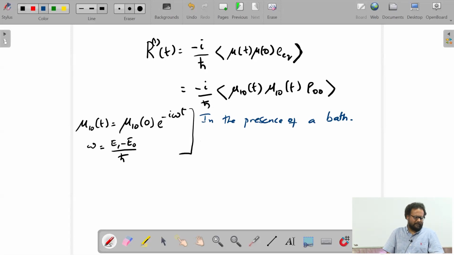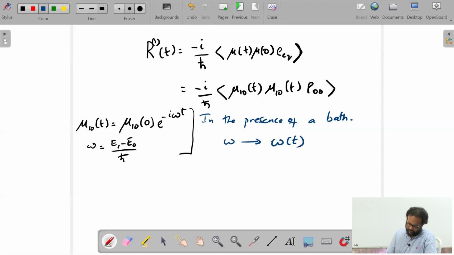What changes because of the bath? The thing that can change is my transition frequency. You can think of it as my energy gap fluctuating. That is the simplest way to think about it. So my ω now becomes ω of t.